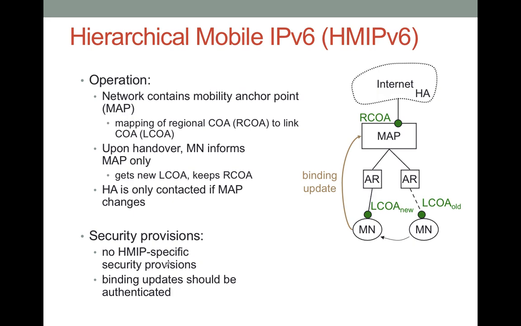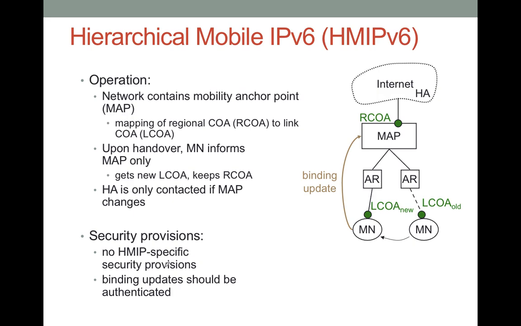For the handover, mobile nodes inform the MAP only. So what happens is the MAP will get the new link care-of address and keep the regional care-of address. The home agent is only contacted if the MAP changes.